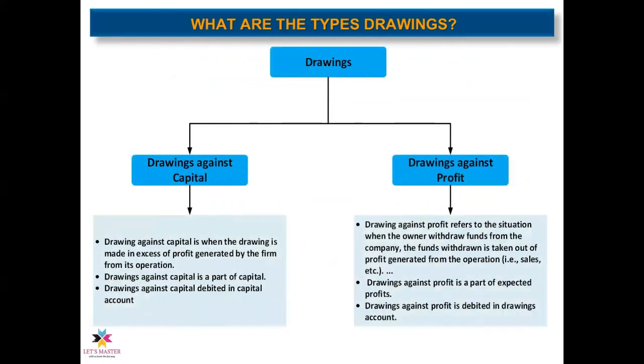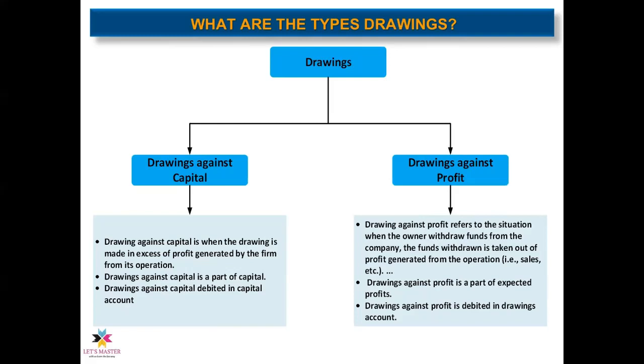What are the types of drawings? There are basically two types of drawings, that is drawings against capital and drawings against profit. Drawings against capital is when the drawing is made in excess of profit generated by the firm from its operations.